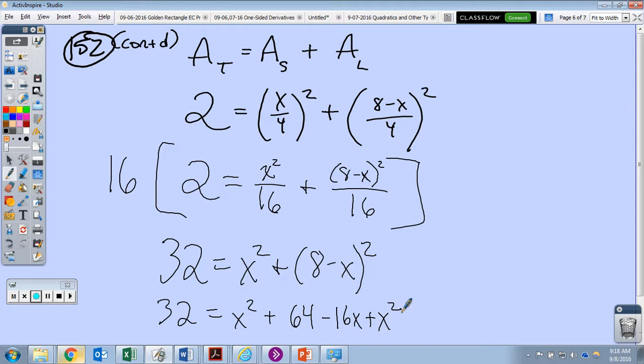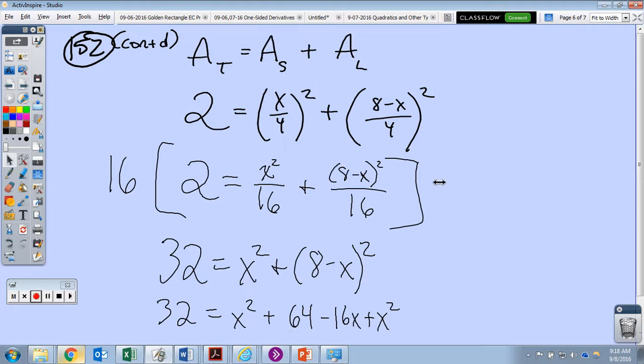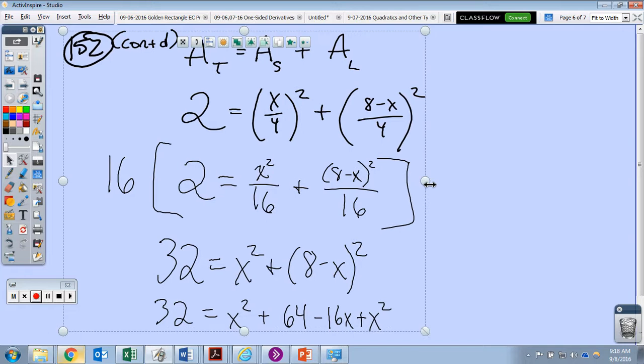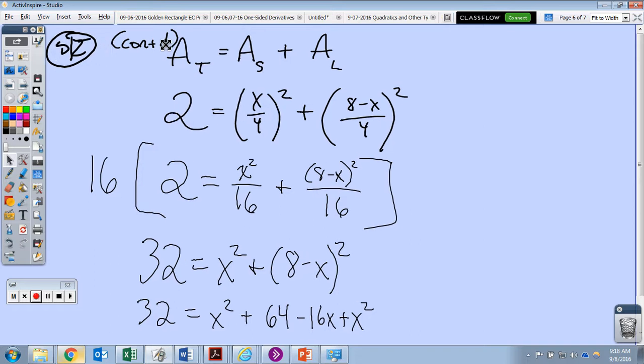If you did it the long way, foiled, you would get that. Does the right-hand side simplify at all? Yes. Yep.